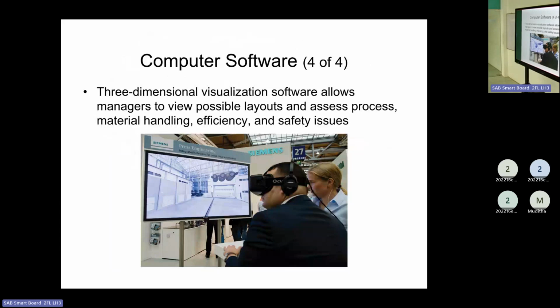Now we have 3-dimensional facilities software that allows managers to view possible layouts and assess process, material handling, efficiency, and safety issues using this data. It makes the lives of managers easy.